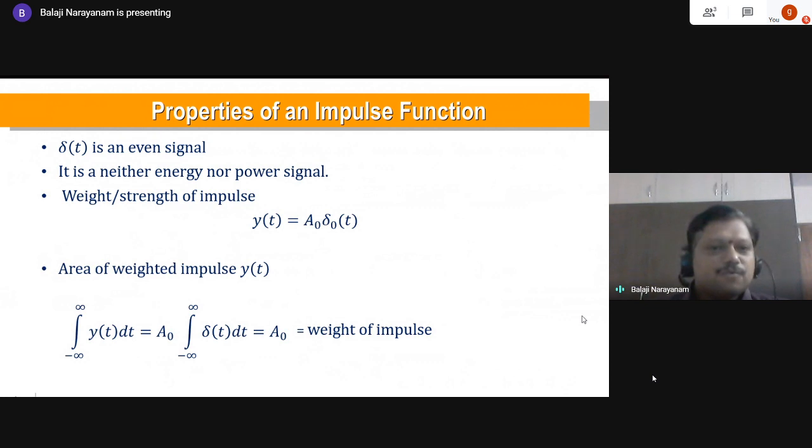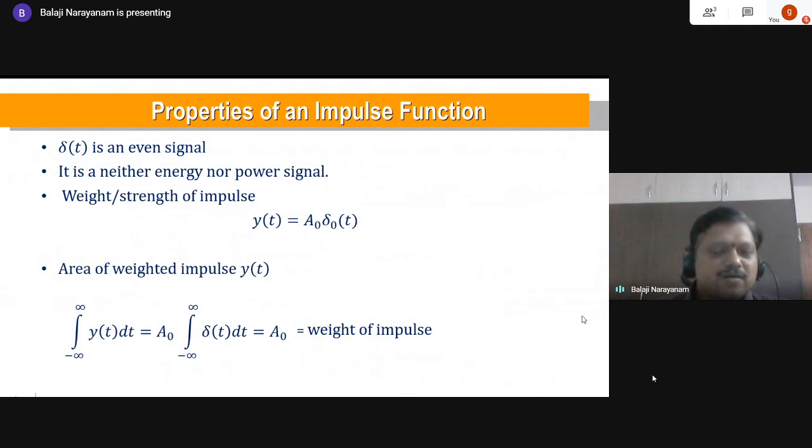If you take an impulse function, yesterday we computed the energy of a given signal, which is given by energy of x of t equal to integral from minus infinity to infinity of mod of x of t whole square dt, that is amplitude square.